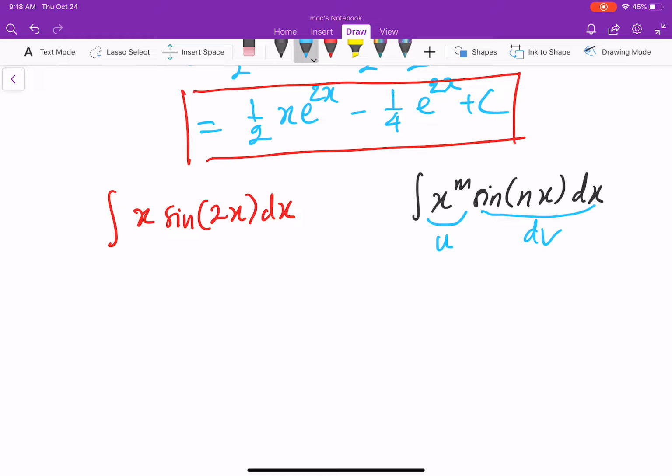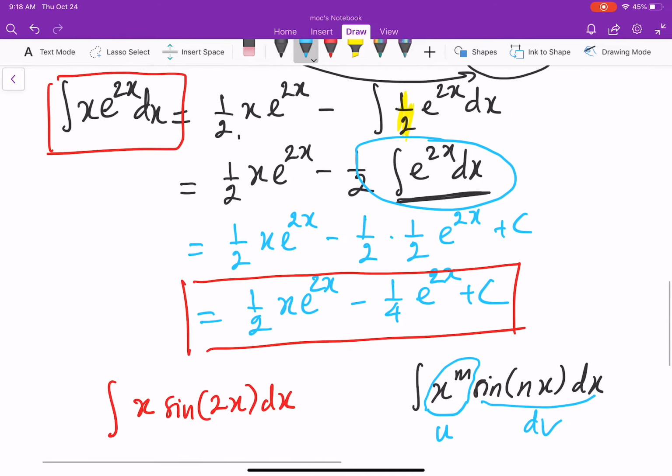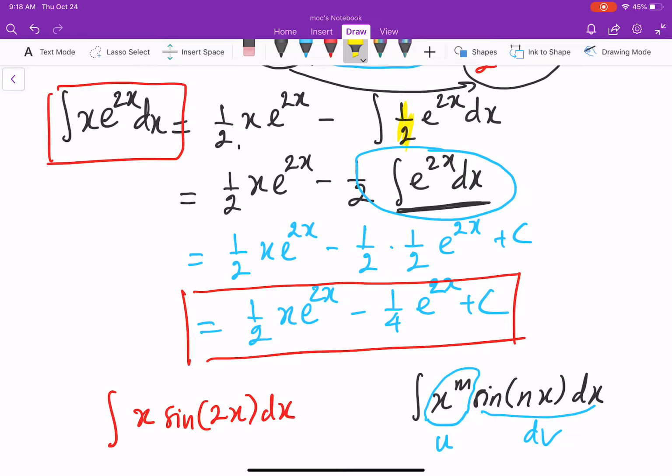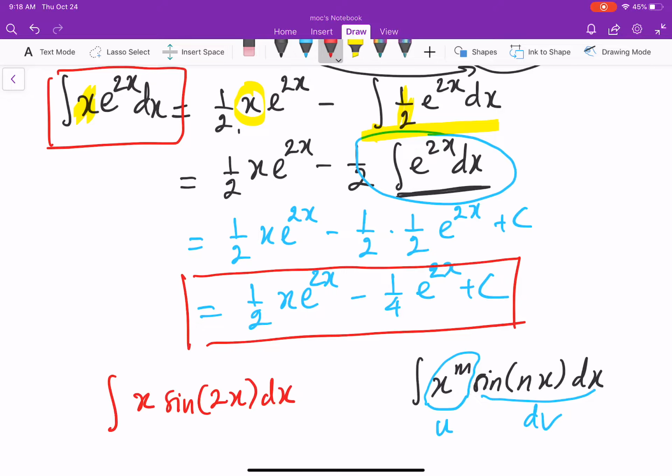Okay, I didn't explain why we need to put u equal to x to the m, because when we apply integration by parts, we have to differentiate x to the m, right? So in the previous example we have only one x, and when we differentiate, we already get 1, so x disappears in the second integral right here. Suppose you have x squared in here, right?